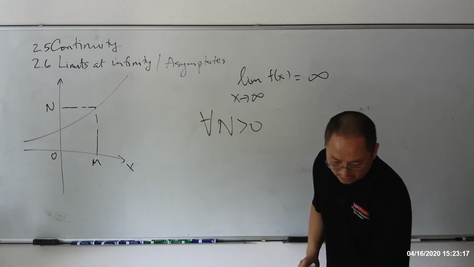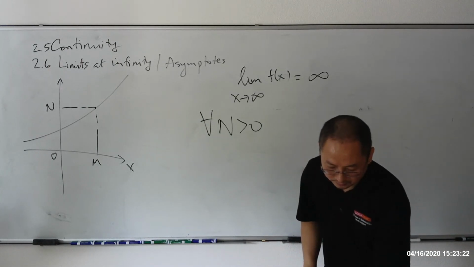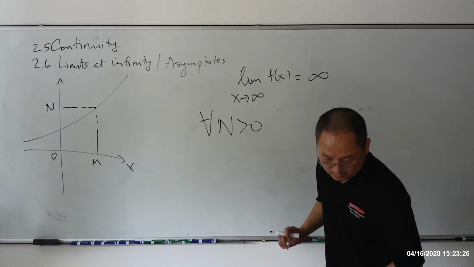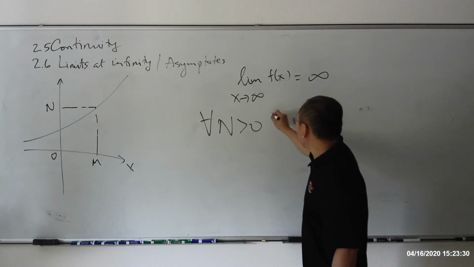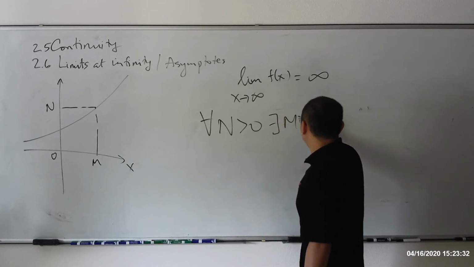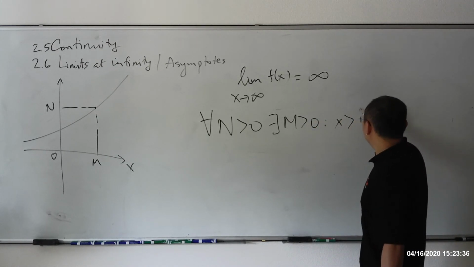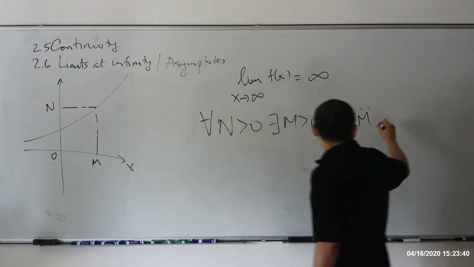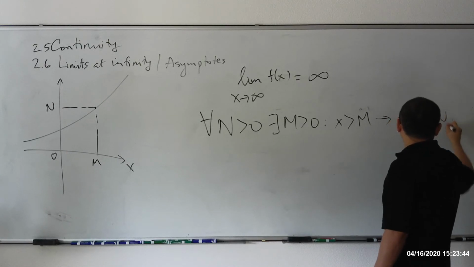Let me double check on this, make sure that I write it right. For any n positive, you can always find a bigger m, positive, such that when x is bigger than m, then f of x is bigger than n. That's it.